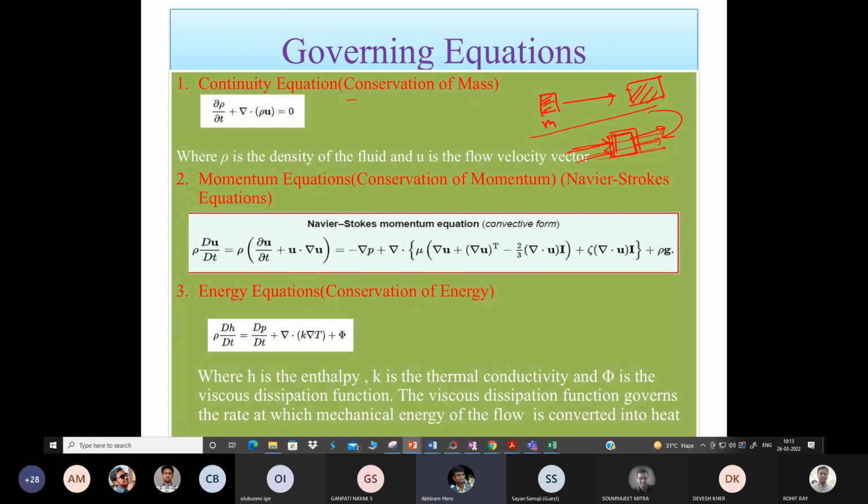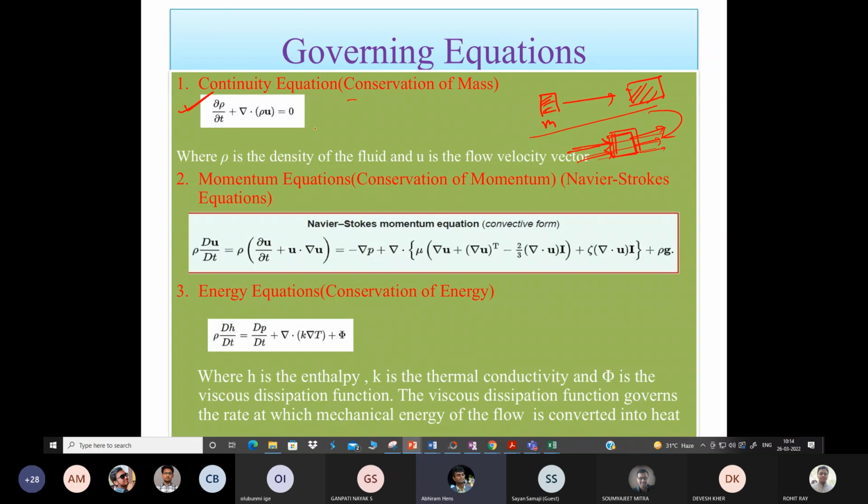And if you do the analysis of whatever mass is entering and whatever is exiting, and if you also consider the change with time, then you can arrive at an equation like this, which is known as the continuity equation, where rho is your density, u is velocity and t is time, as you said. Okay, and this del dot rho u is an operator.